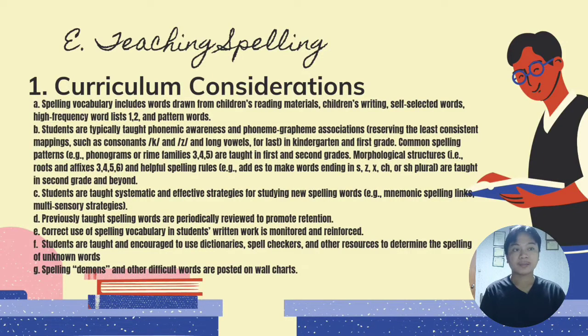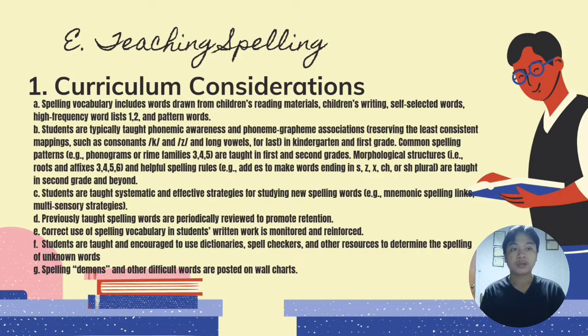For example, C in the word cat, and the term rhyme refers to the string of letters that follow, usually a vowel and a final consonant. For example, AT in cat. This can help students decode new words when reading and spell words when writing.